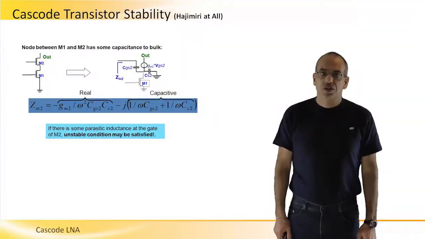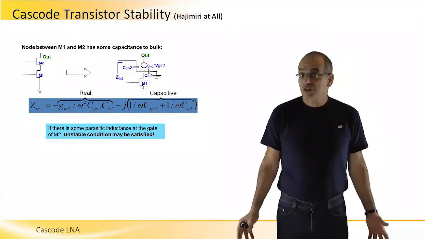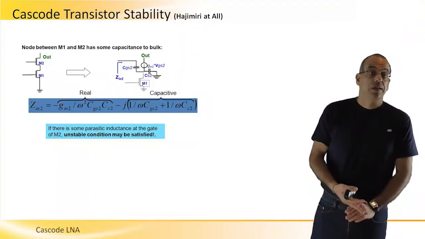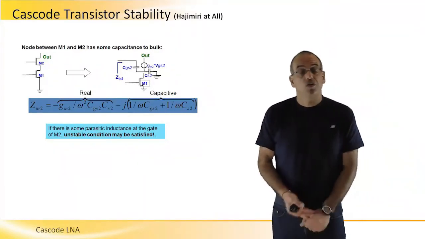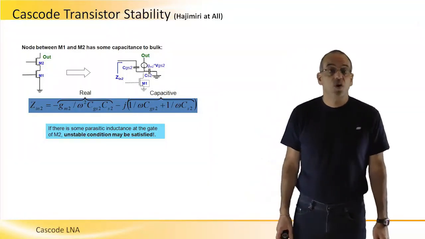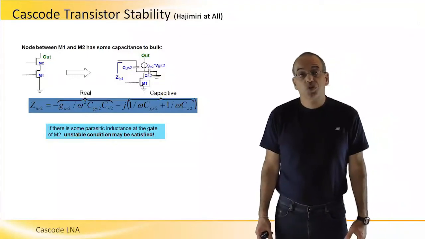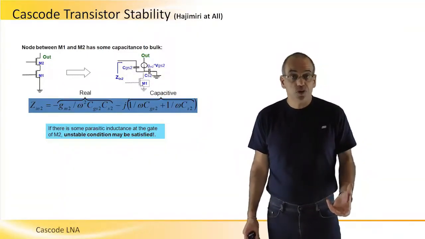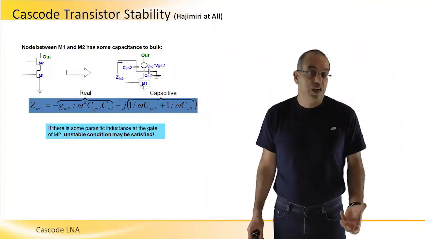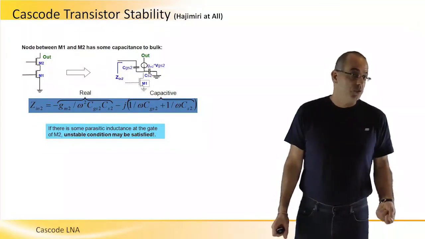We have introduced the Cascode transistor. We saw that it has many positive attributes. It improves the bandwidth, the stability of the common source transistor M1, may increase the output resistance or output impedance, and also improve the isolation between output and input.